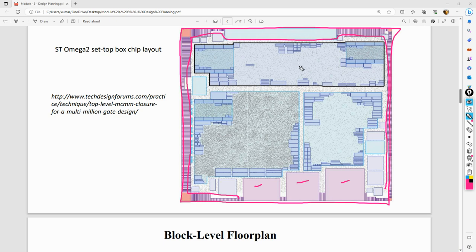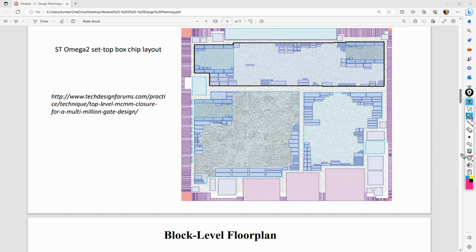So this is one block, this is another block, and this is another block. If you plan it wisely, you can bring this size down to this size. Put all your effort in and try to save this area.